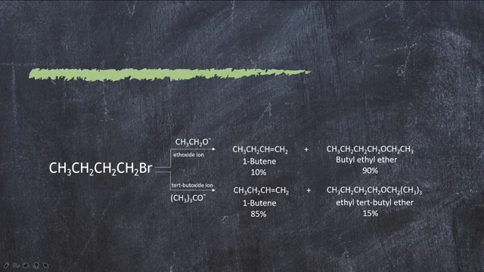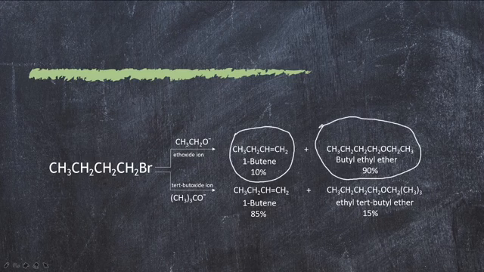So now, as we can see from the example I gave here, when butyl bromide reacts with the ethoxide ion, it produces two products in the vessel used. That's 1-butene and butyl ethyl ether. Now these two products compete for which will predominate and which will become less dominant.